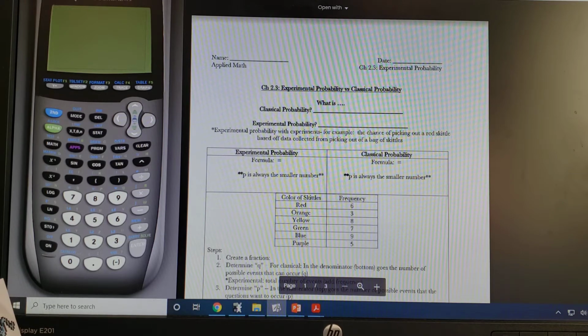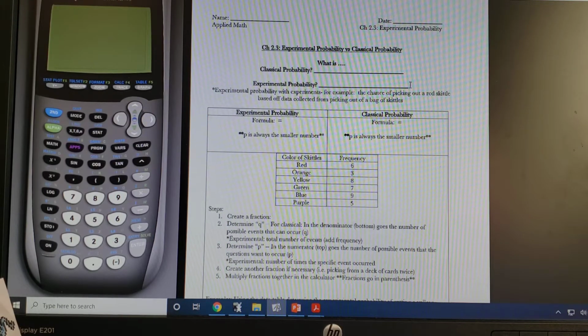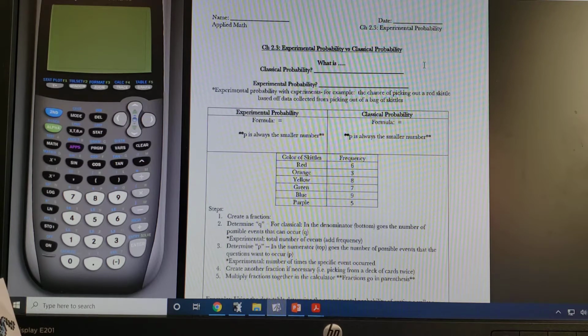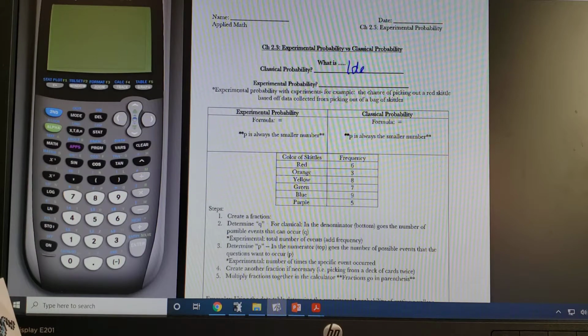But for today's class, which was yesterday's, I'm going to cover experimental probability versus classical probability. And you might also have on your note sheet empirical probability. So what is it? What's the difference? Classical probability is ideally what would happen. So an ideal situation.